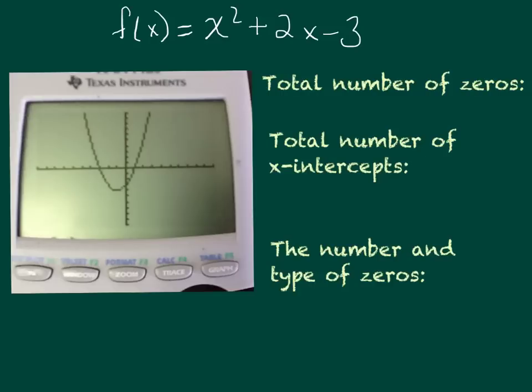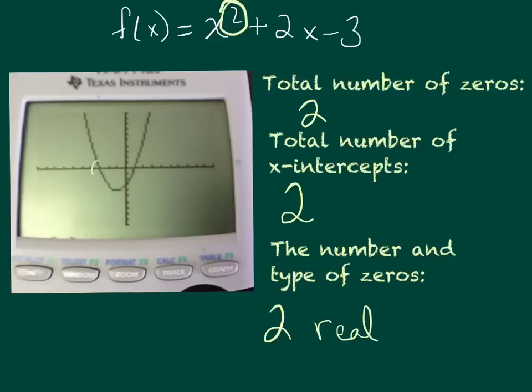Now, if we go back to our functions that we looked at before with the end behavior, the total number of zeros that this could have would be 2, because it has a degree of 2. The total number of x-intercepts by the graph we can see is 2, and so the number and type of the zeros would be 2 real.